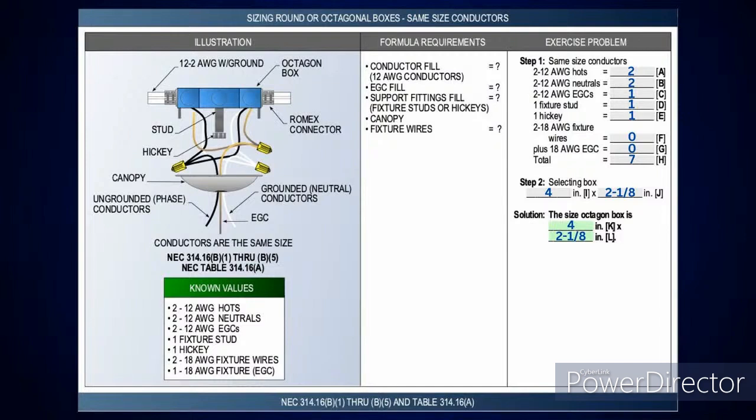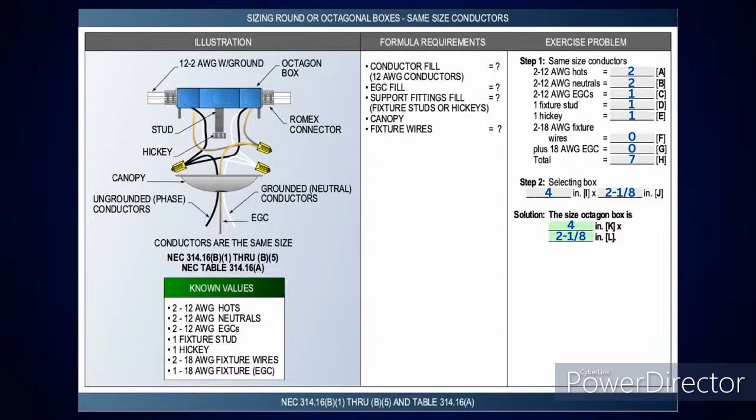When we come back next week, we're going to start calculating conductor ampacities, and we're really going to start getting into the meat of where most people have the problem with calculations. But don't worry, by the time we go through, you're going to be like, this is not hard once you understand what you're looking for or where to go. It's just like these box fill calculations.